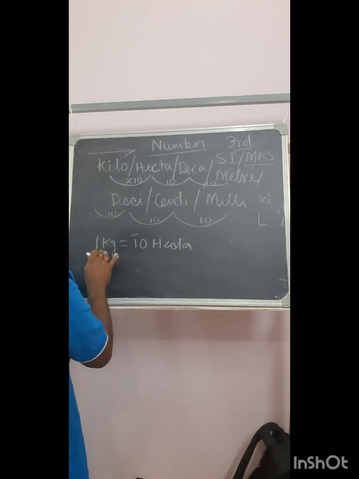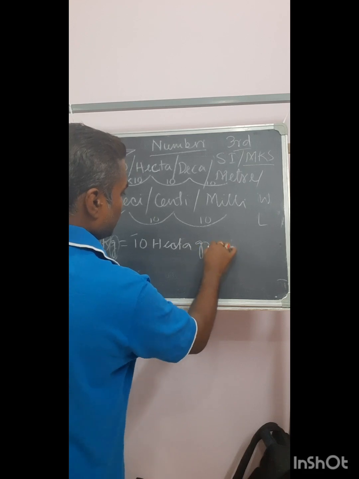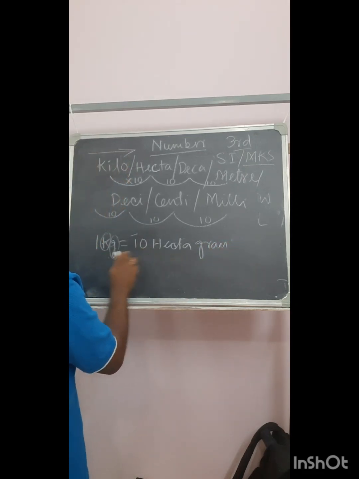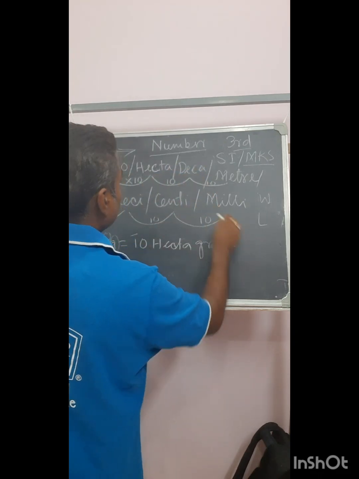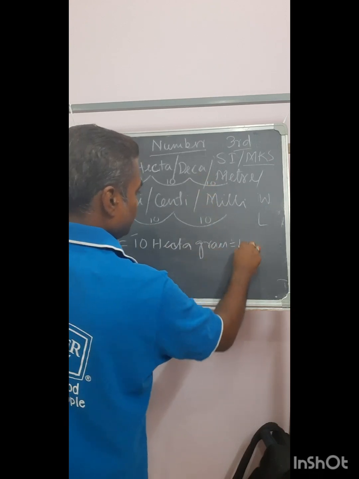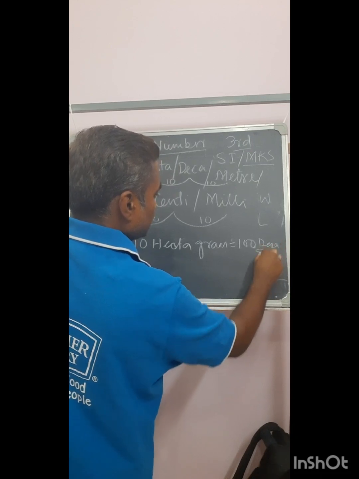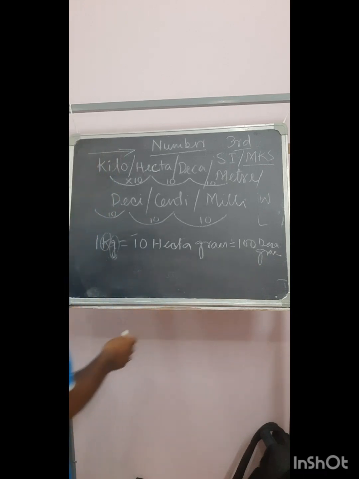I am saying it in a normal term. Kg means kilogram in total. This is kilo and this is gram. 1 kg is 1 hectogram. Gram will be there along with that. So only the kilo is transferring to hectare. Gram will be same. So further, if I want to convert it into deca, that will be 100 decagram. So like that, in every case you have to multiply it further with 10 to get the value.